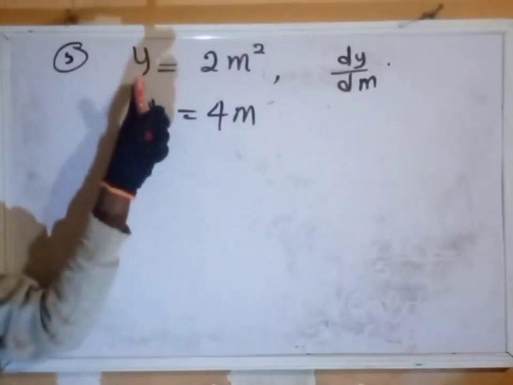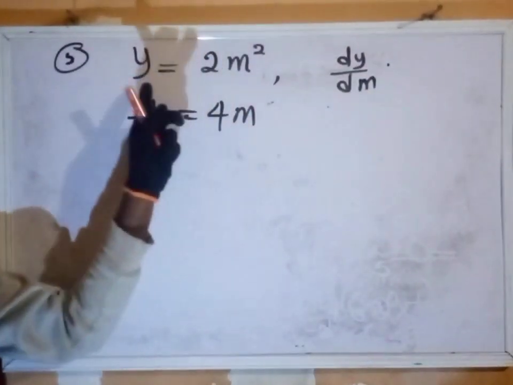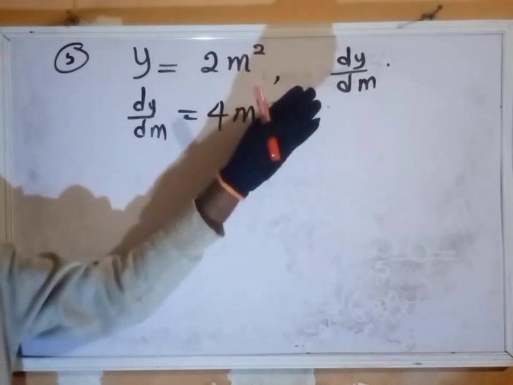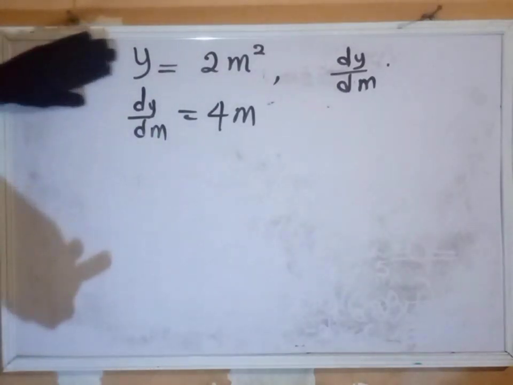It is not necessary for this to be y, it can be anything. But as long as the derivative goes along with both the dependent variable and the independent variable, then we are good to go on the differentiation.